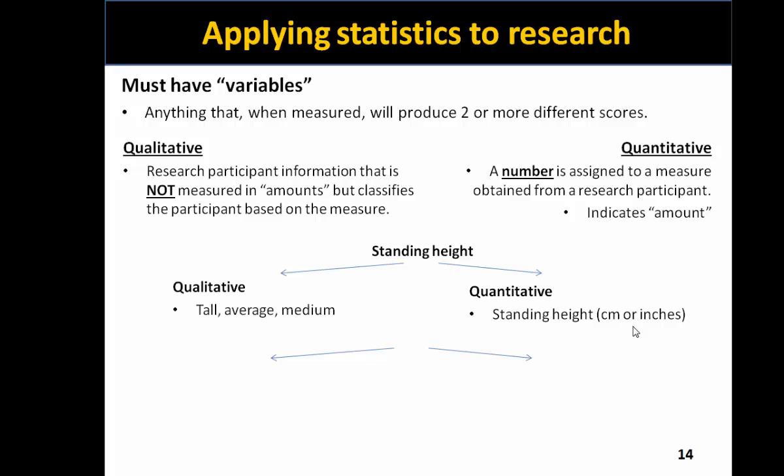We might have three different categories: tall, average or medium height, or short. But to establish these qualitative categories, we have to define criteria to which a person would fall within those different qualitative descriptions.